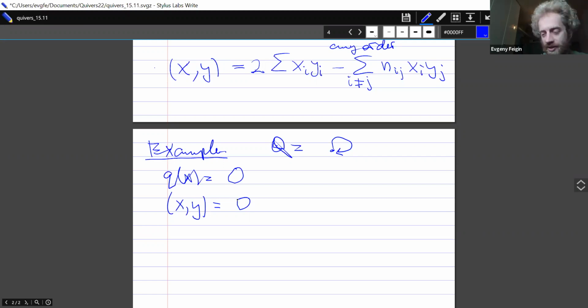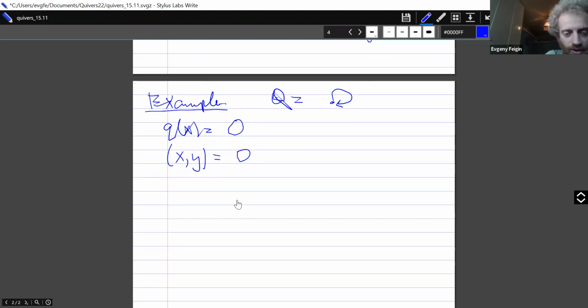Well, we'll formulate some condition, but I think even without cycles, the form can be degenerate. Yes, I think it can. So maybe the simplest example, let's see. Let's work out an example.